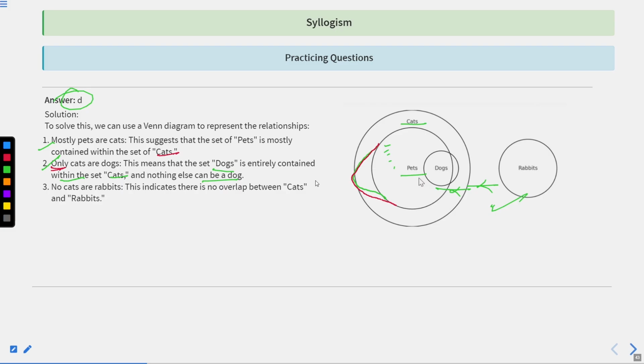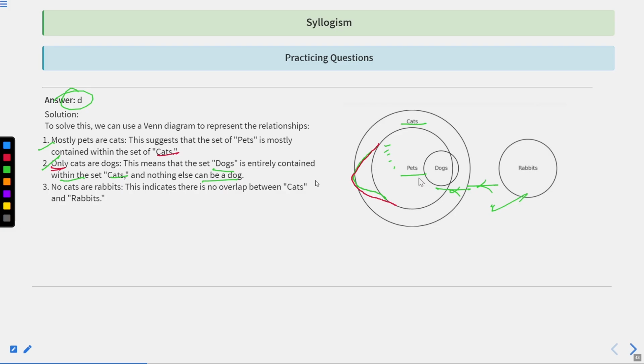That is perhaps the reason we have to be very vigilant whenever we are drawing the Venn diagram. If the Venn diagram is drawn incorrectly by mistake, then there are high chances that the answer we get will be wrong. But if we draw the Venn diagram correctly, then we will be able to finalize the answer in a correct manner.